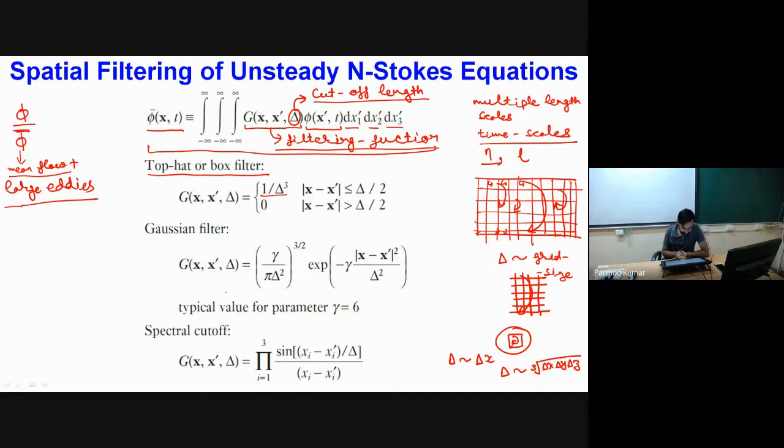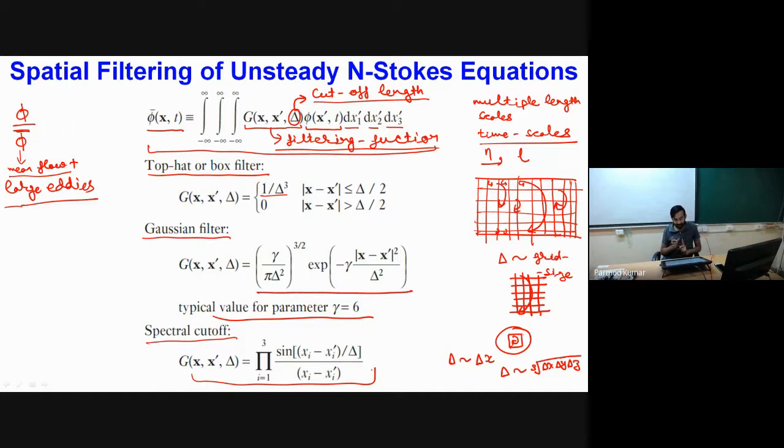Similarly, there is another filter called the Gaussian filter, which is also very popular in large eddy simulation. The mathematical formulation of the Gaussian filter is something like this, and here we have a parameter gamma whose value is considered as 6. Then one more filter function is the spectral cutoff, and this is the mathematical form of that filtering function.